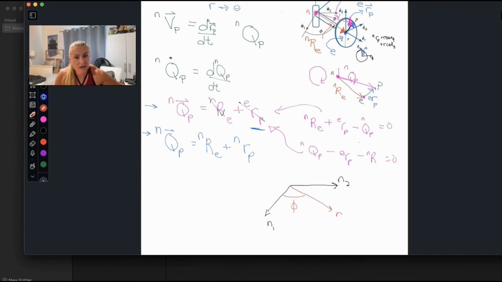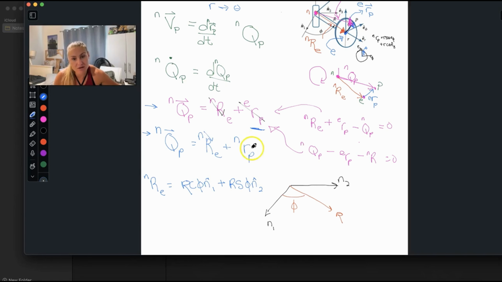So I'm going to say that my REN is going to equal some magnitude of R cosine phi n1. Oh, and excuse me, this is a big R. This is big R. So this also has to be big R, because some magnitude. And then it's going to be plus big R sine phi in the n2 direction. Okay, and that gives us this one.